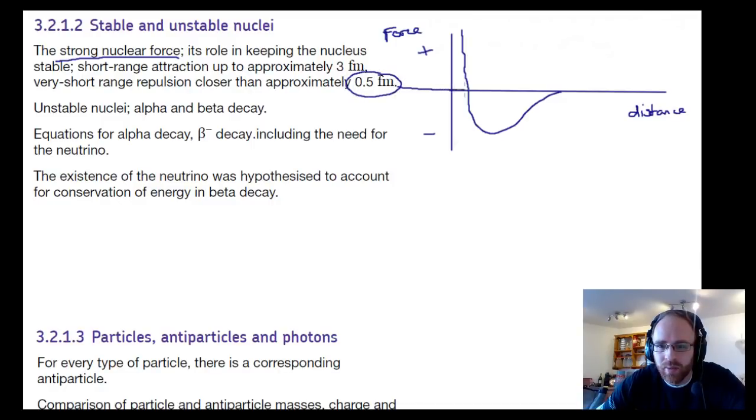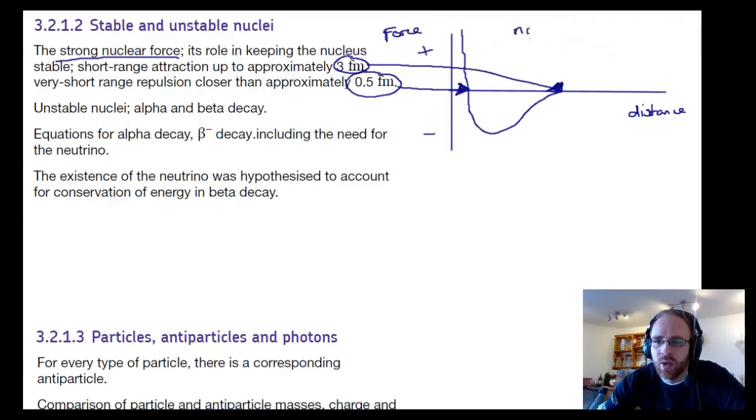So on this graph, 0.5 femtometers is where the force crosses the axis. Any closer than that, so if we have two nucleons closer than that, then they repel and they come back over to here. If we have a radius between two nucleons of 3 femtometers, then there's no effect.